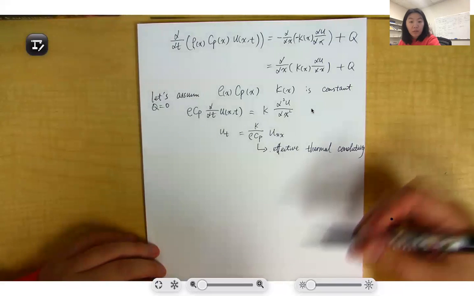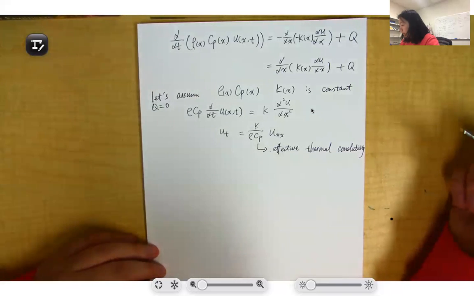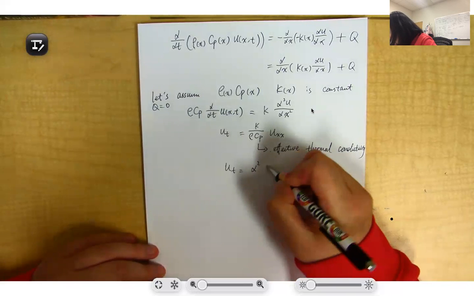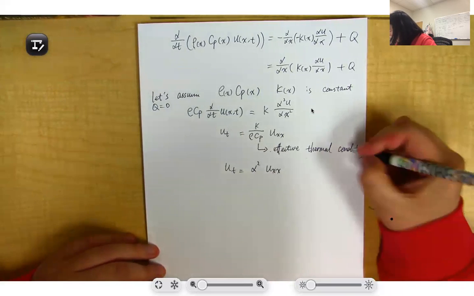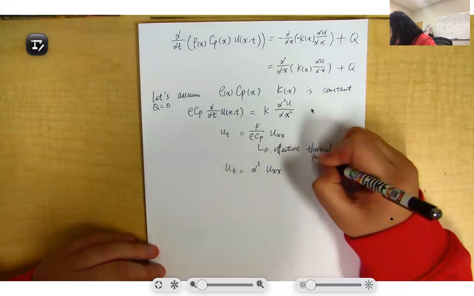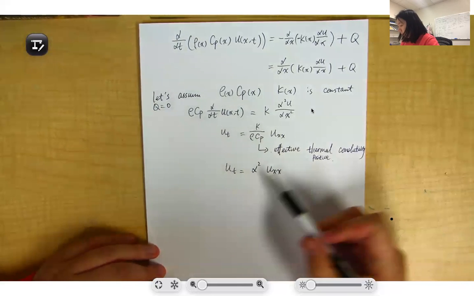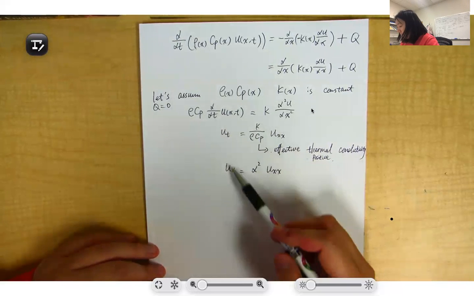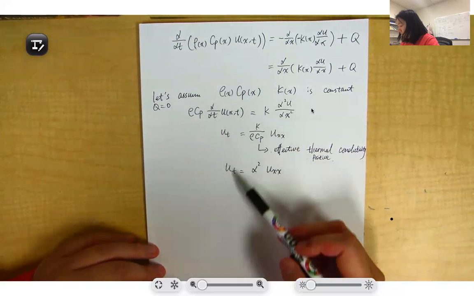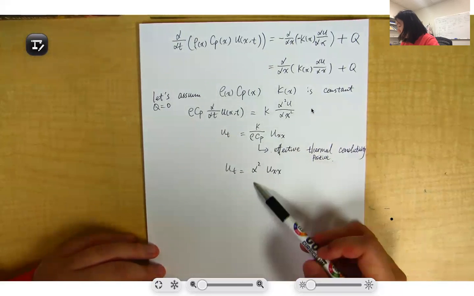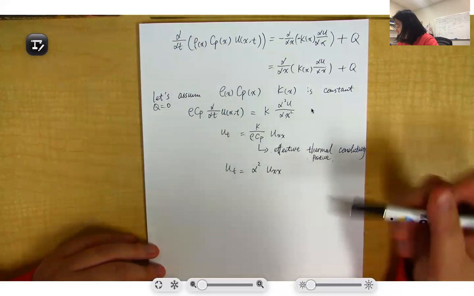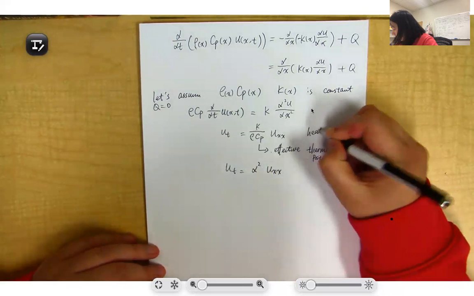Then think about our original form of the heat equation, u_t equals alpha squared u_xx. This is a positive number, which can be represented by alpha squared, and that is exactly the same format: u_t equals some positive number times u_xx. So this is the 1D heat equation.